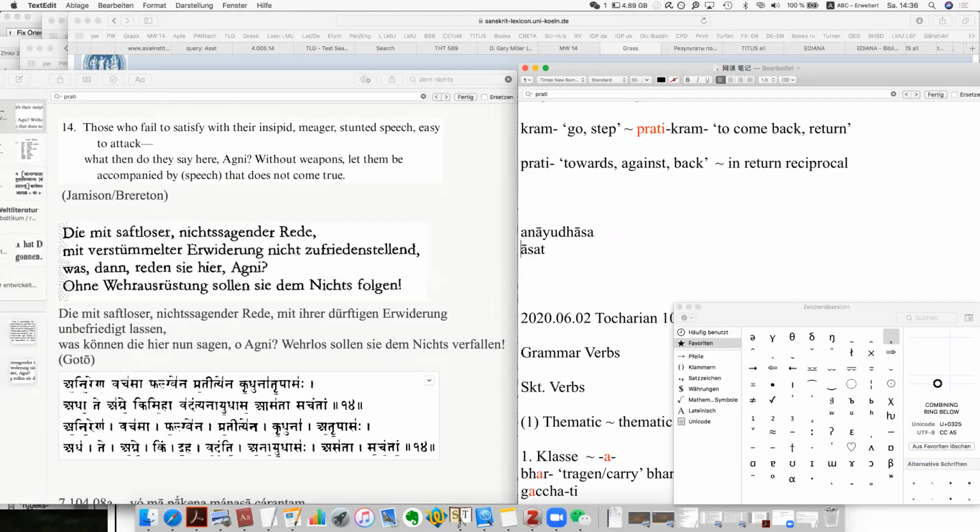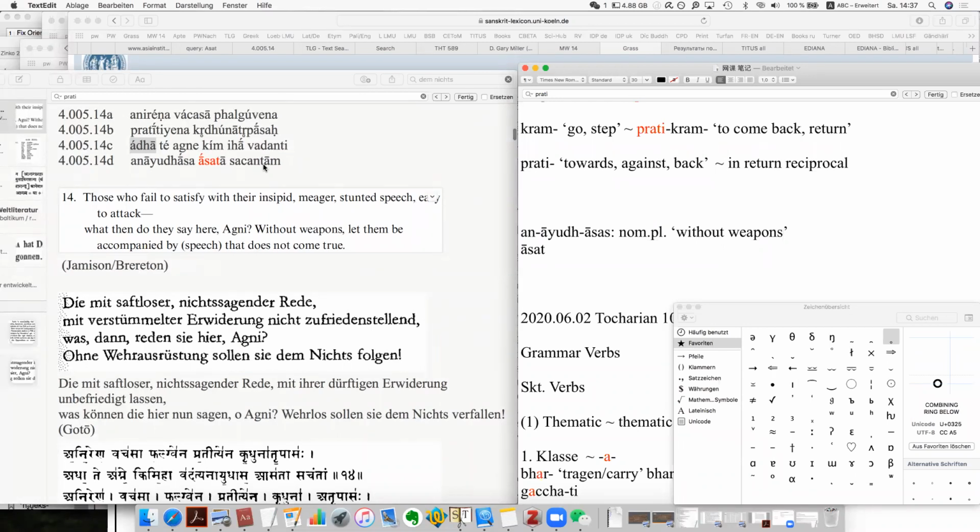And again this is nominative plural, right? Okay. So na yuda, so without weapon. So ayud means weapon. So without weapon, without weapons.